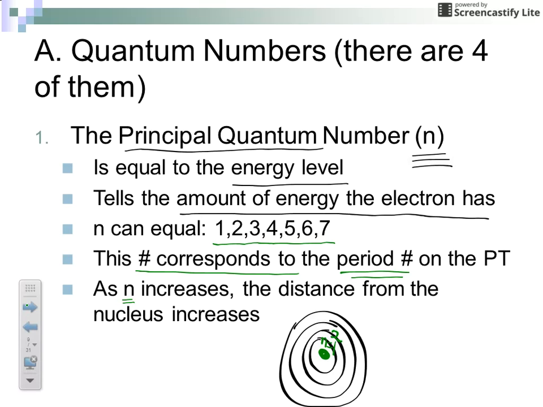This is n equals 2, 3, 4, and it would continue on until you get to n equals 7, the 7th energy level. So as n increases, you're getting farther and farther from your nucleus. As n increases, the distance from the nucleus also increases.